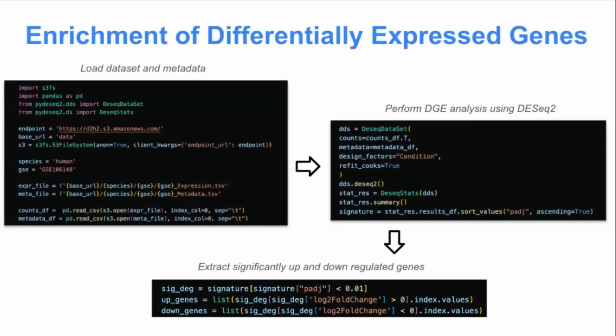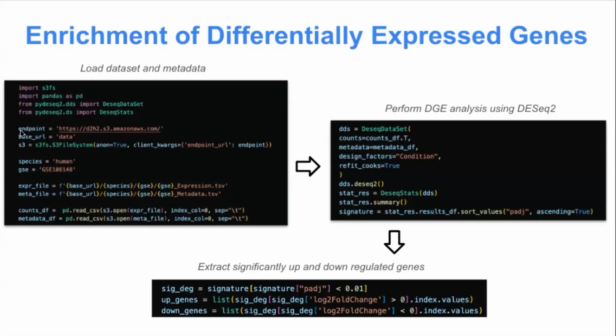So just looking at what the code would look like for the first part of the workflow that I described. First, you would be importing s3fs, which is a Python file system interface for S3, and then importing each of these packages, which will be important for loading our dataset and also for performing the DGE analysis.